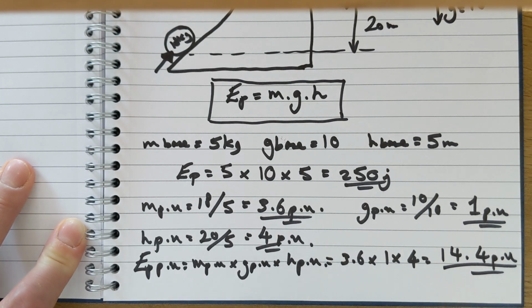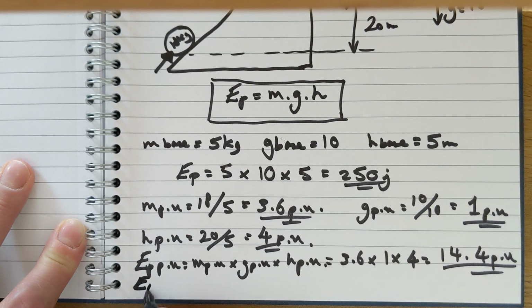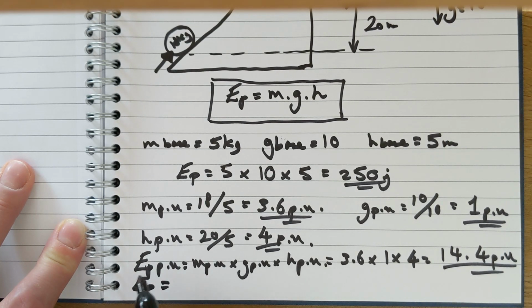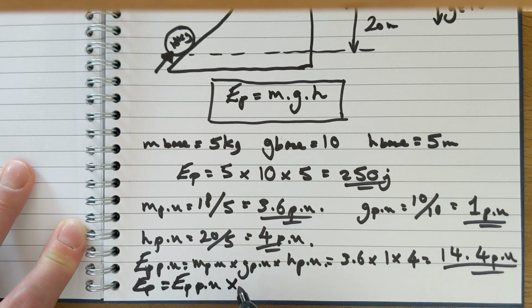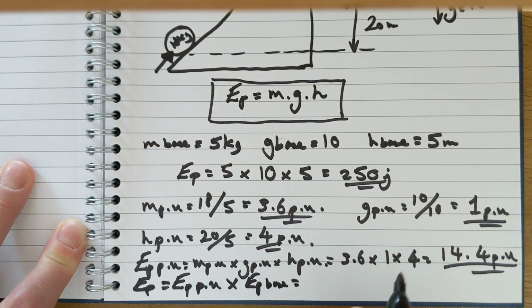Now we've got our final answer, we've worked out our potential energy, but it's in the per unit system, so now we just need to convert that back to a real value, and that's simple enough. Our potential energy in a real value is simply our potential energy in per unit times our potential energy base, which we already calculated earlier.